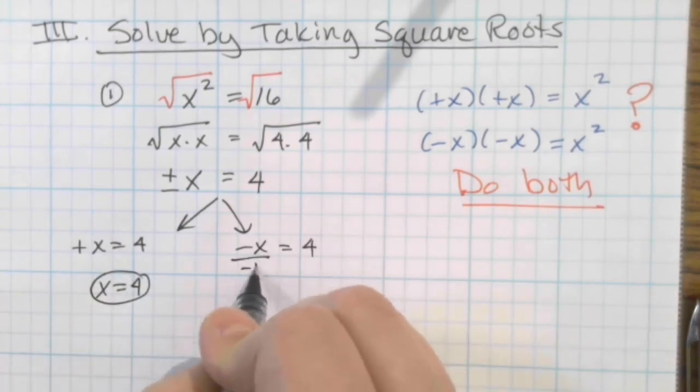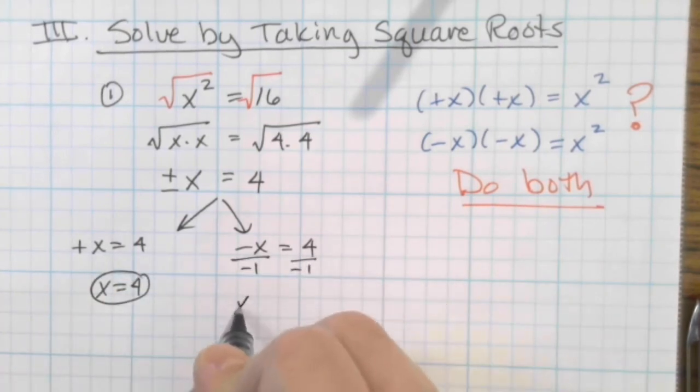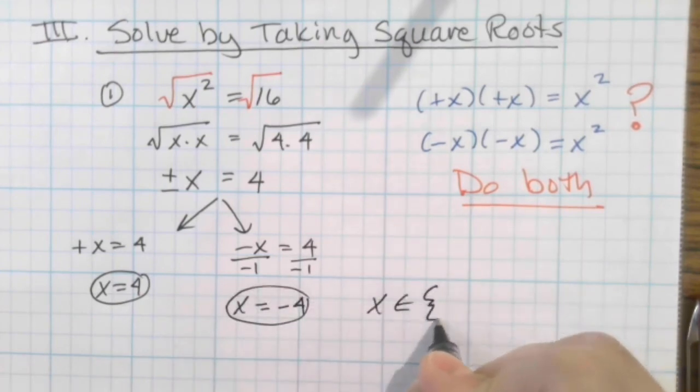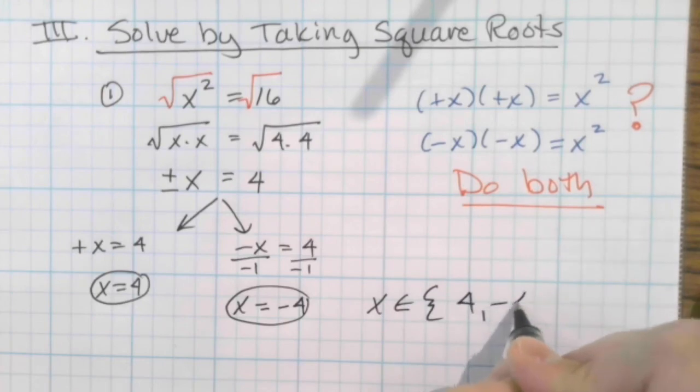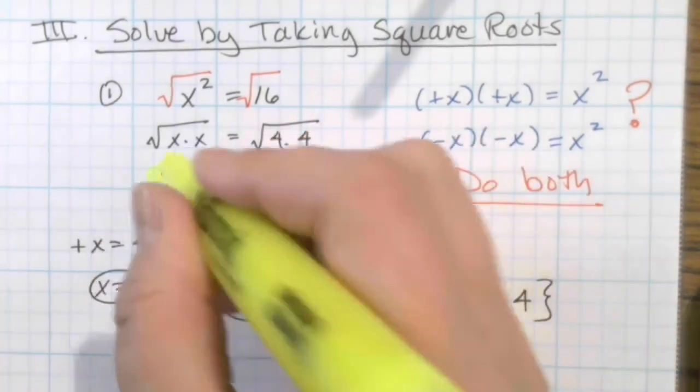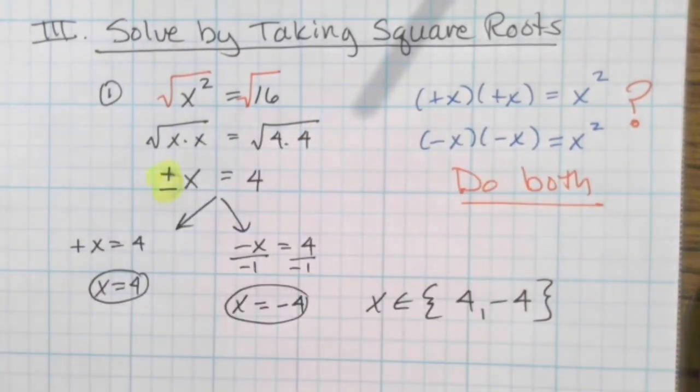Here, multiply or divide by -1, you get x equals -4. So you still get your two answers. It's just a little shorter than the quadratic or even completing the square. And again, the really difficult part for people to remember is this plus minus. That has to be there.